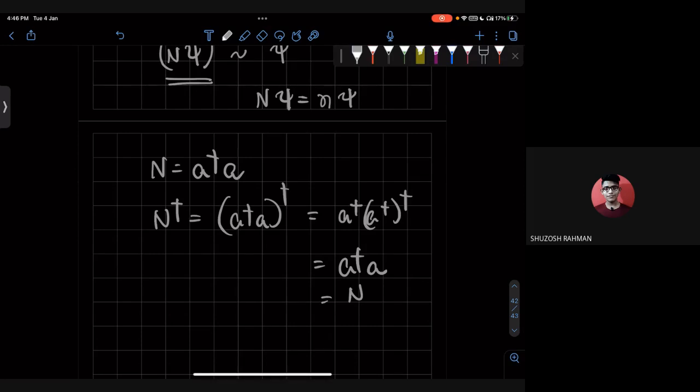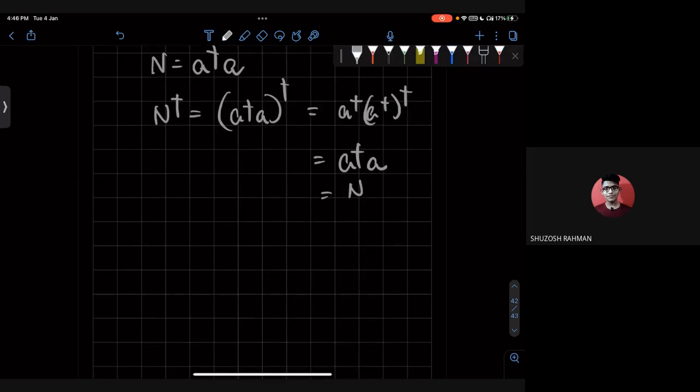So N is a Hermitian operator. So suppose psi n is an eigenfunction of N with eigenvalue small n. So for now, this is just a real number. It doesn't have to be an integer, but we'll see eventually if it is a positive integer.